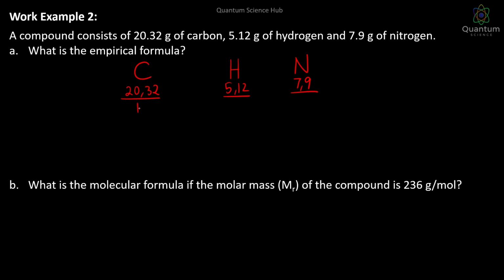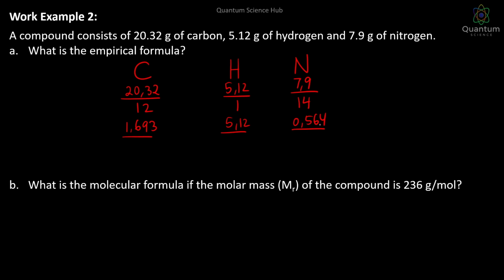Okay, and then we divide all of them by their relative atomic mass. So the mass of carbon is 12, hydrogen is 1, and nitrogen is 14. So you can use the calculator to count this, and you will get 1.693. 5.12 divided by 1 is 5.12. 7.9 divided by 14 is 0.564. And after that, you divide all of them by the smallest value. Who is the smallest value? 0.564, right?